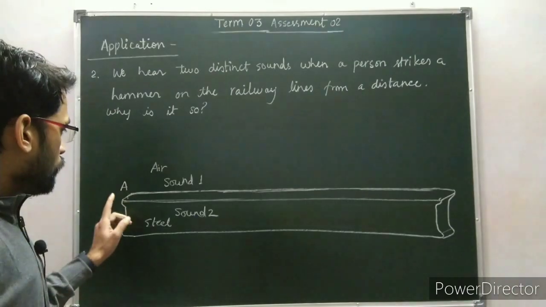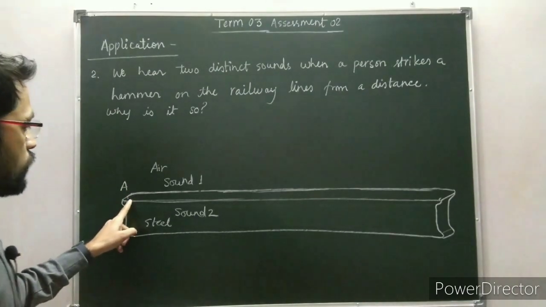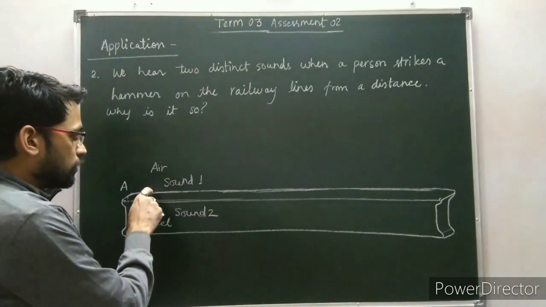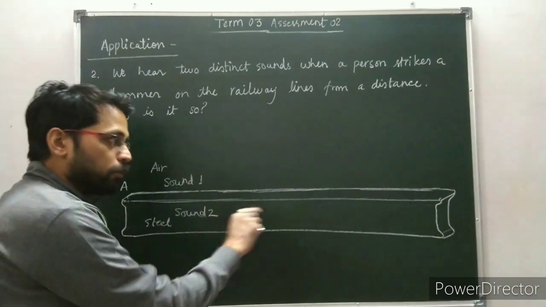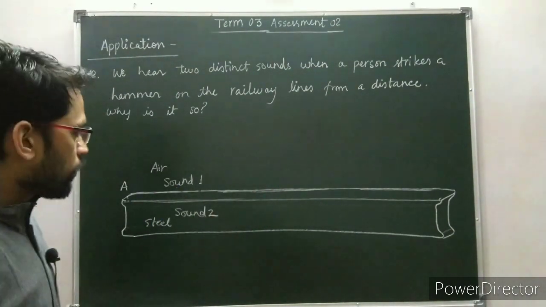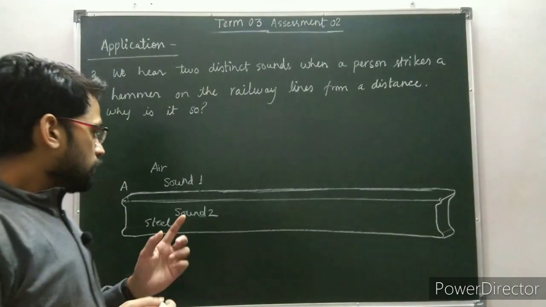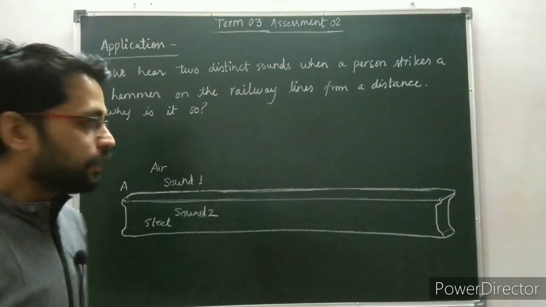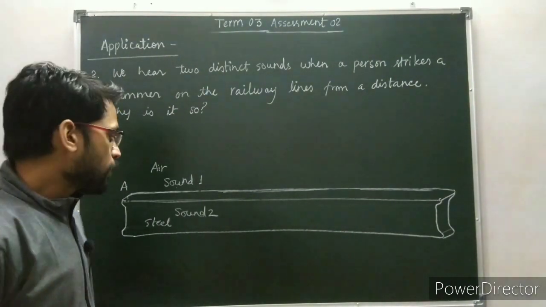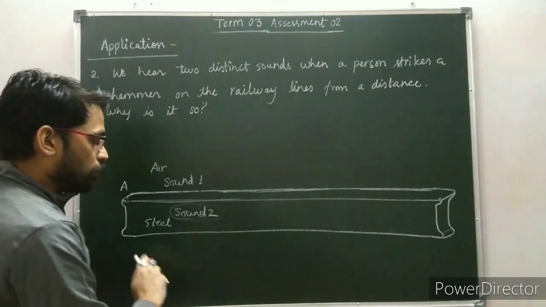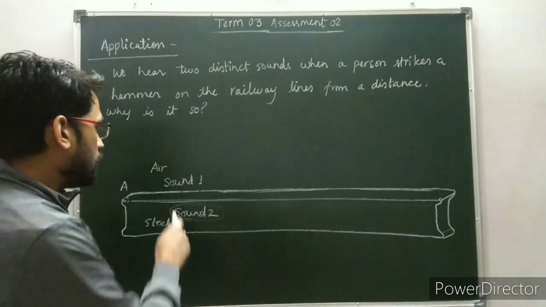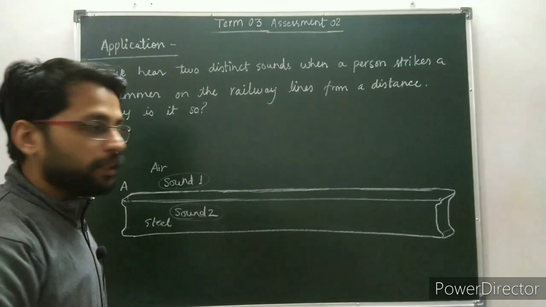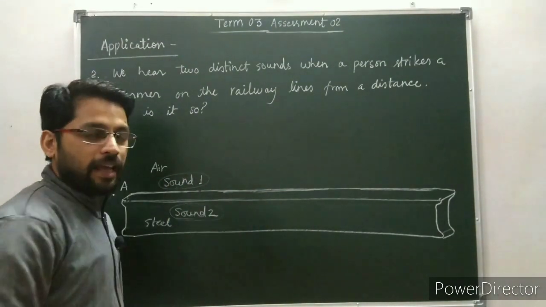Now these two sounds propagate in two different media. Since we know that the speed of sound is maximum in solids and minimum in gas, sound 2 will propagate faster than sound 1, because sound 2 is propagating in a solid medium and sound 1 is propagating in a gaseous medium.